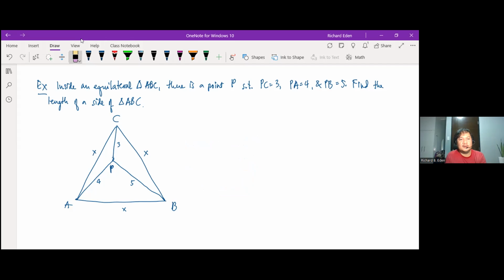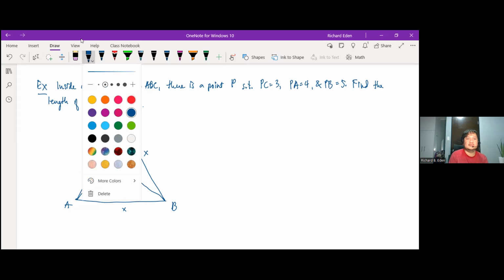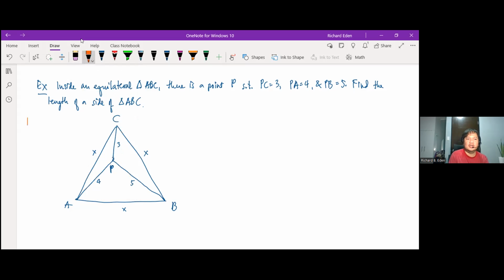We could choose any of the three vertices. Let's say C, and let's do a rotation, center C, 60 degrees. So let me write it here. Rotate.